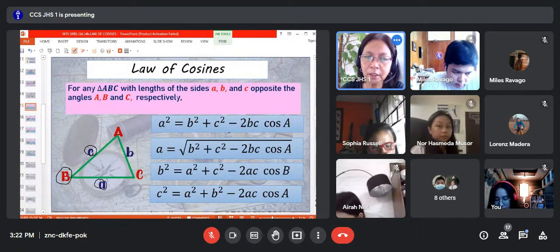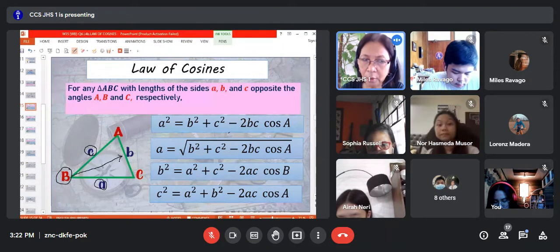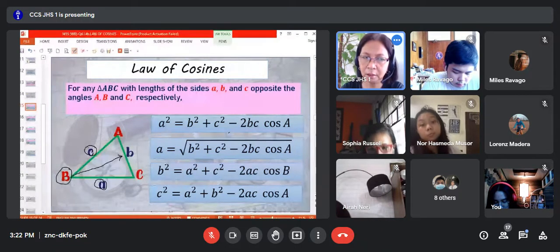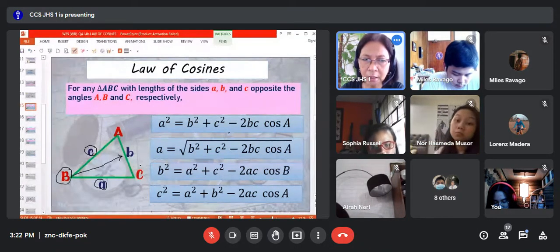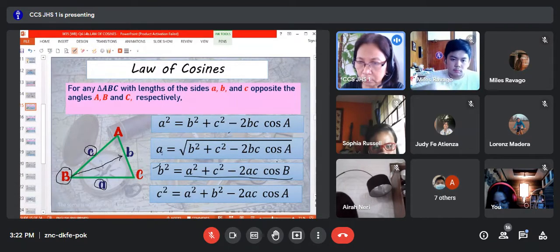If the given is angle B, you can solve for length B as long as length A and length C are also given. So this is your formula, and to solve for B, we use the calculator and then extract the square root.